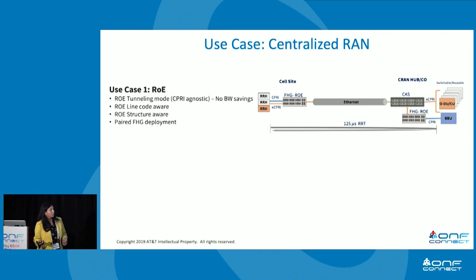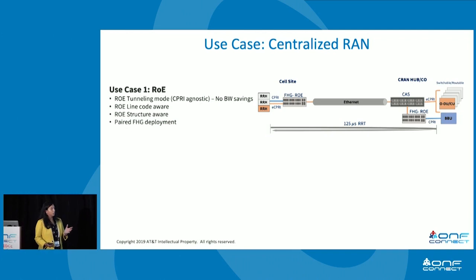And if you look at the latency that I just talked about, our budget for the fronthaul transport is 125 microsecond round-trip latency. And that's between the radio and the BBU or the DU. It does not account for any processing that happens in the BBU, so it's strictly the transport latency.